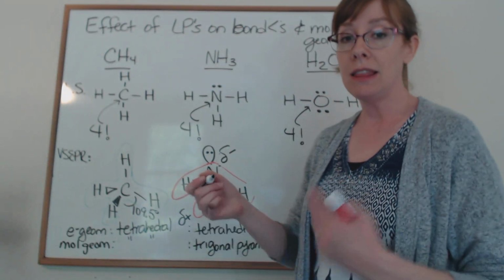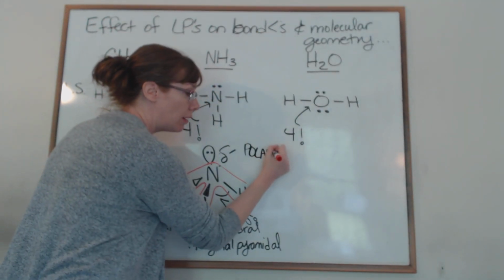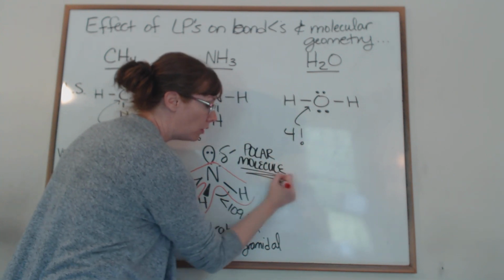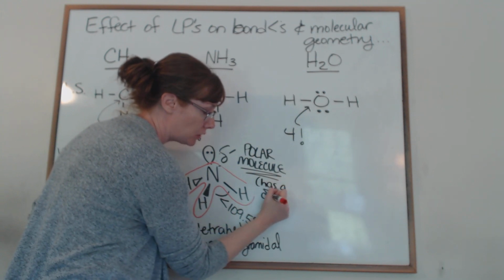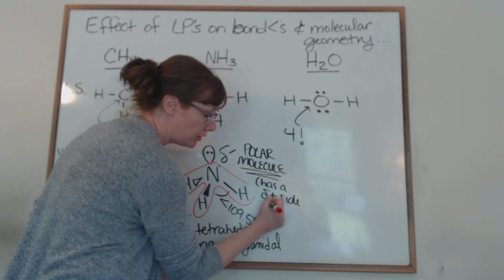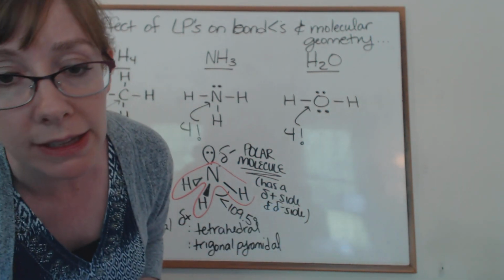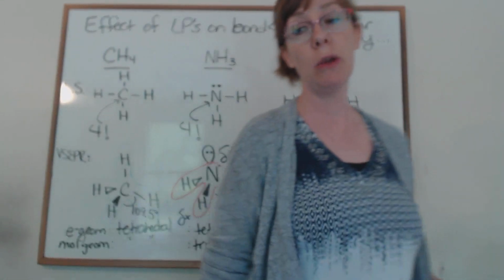That means that this molecule is what we would call a polar molecule. A polar molecule has a partial positive side and a partial negative side. In this case, the way that I've drawn it, the north is negative, the south is positive. That's what it means to be a polar molecule.